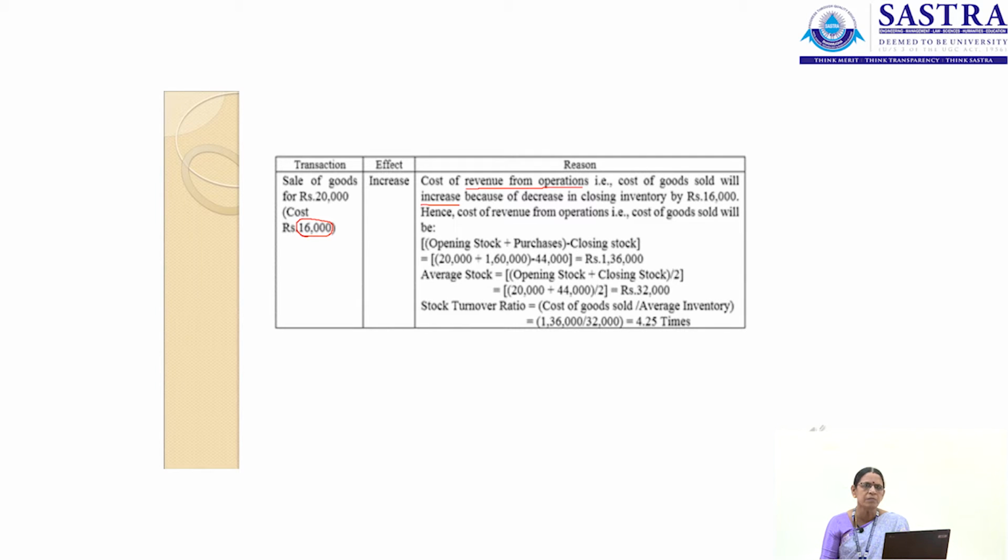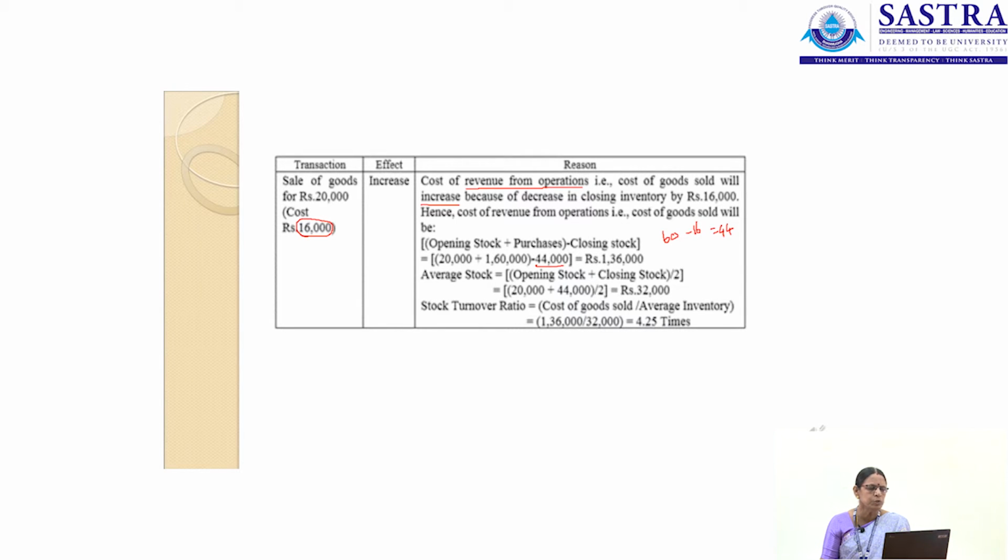Already we have a closing stock of 60,000 rupees. 60 minus 16 will give you 44,000. So this is your closing inventory, 44,000 rupees. Opening stock remains the same.